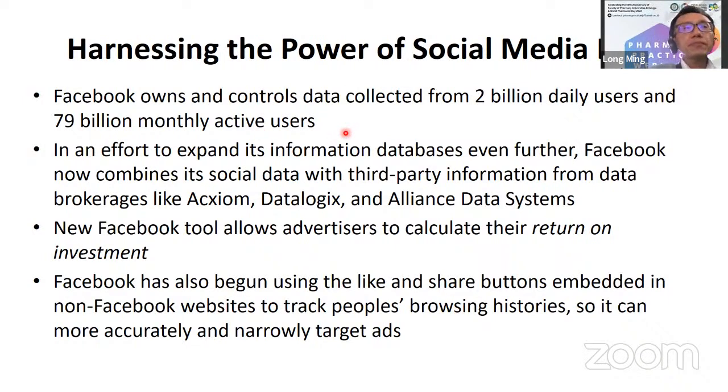They have increased their marketing intelligence by combining the social data with third-party information, what they call data brokerage, which helps to collect data that can be used for different purposes, up to, for example, influencing the result of elections.